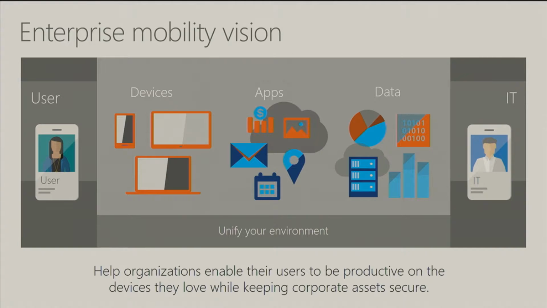And the goal of the technology at the end of the day is to enable your employees to be productive on any of their devices, on any of their mobile apps, and then balance that with allowing the IT department to keep the company's information protected, right?